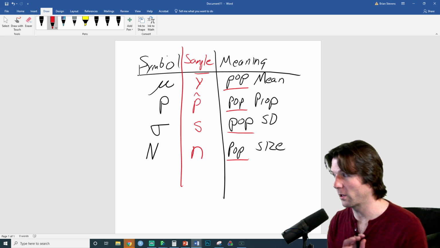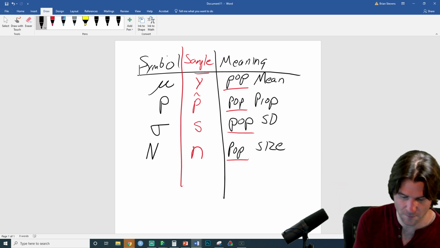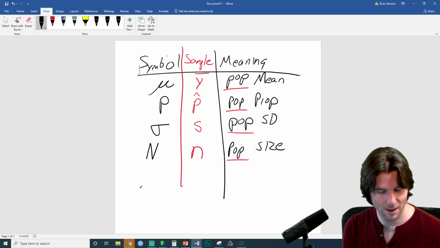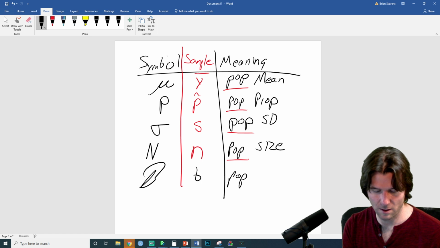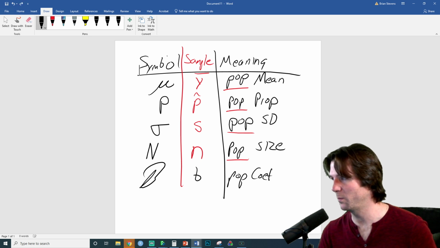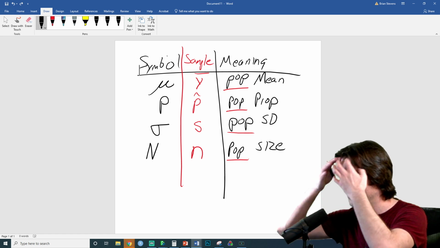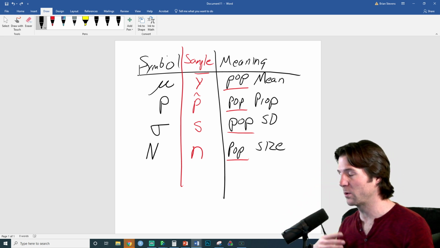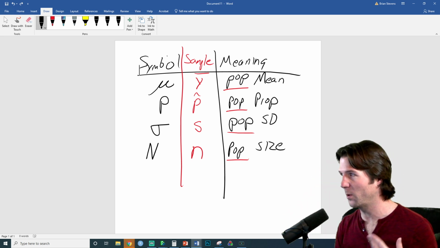Like, I'm gonna draw this really quickly right here. I'm gonna erase it. Do not take notes on this. And so that'd be the population coefficient for all data, and then the sample is B. So don't take notes on that. That's not on this test. That's in 320. So just knowing the difference between the population parameter or the sample statistic.